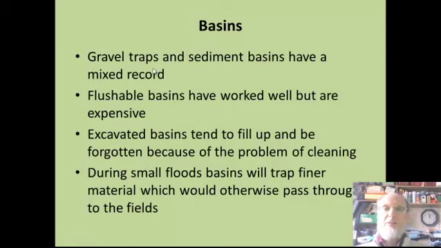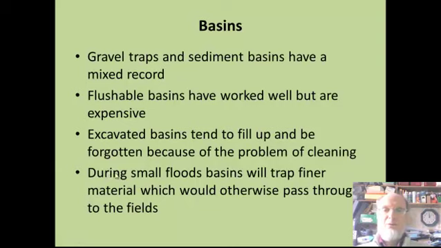Basins. Gravel traps and sediment basins have a mixed performance record. Flushable basins have worked well, but they're expensive and the farmers may object to the loss of water for flushing. Excavated basins tend to fill up and be forgotten because of the problem of cleaning.